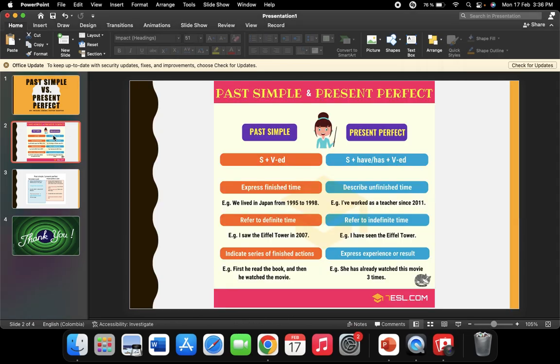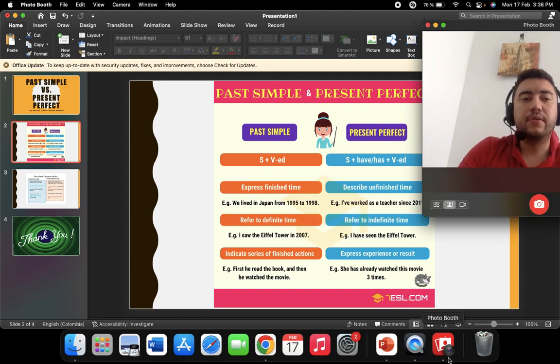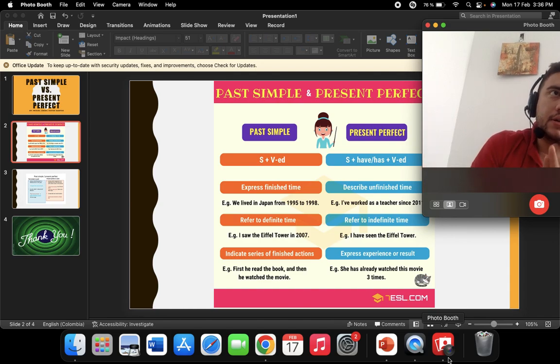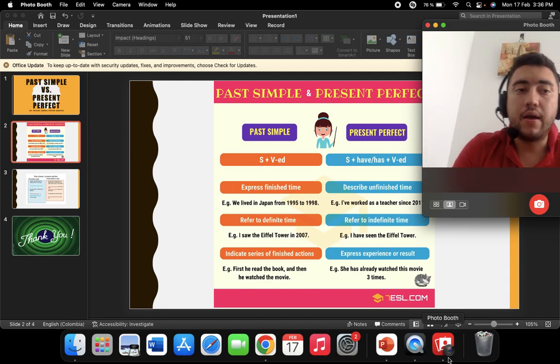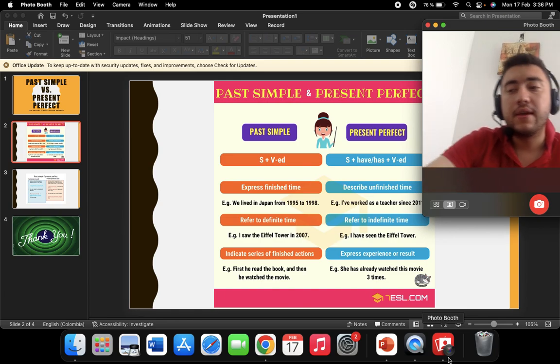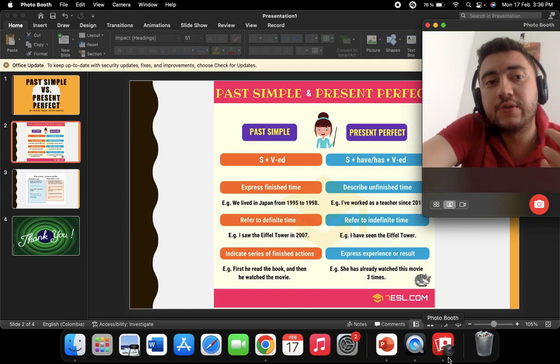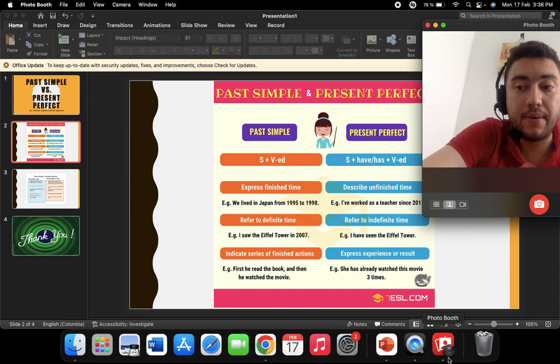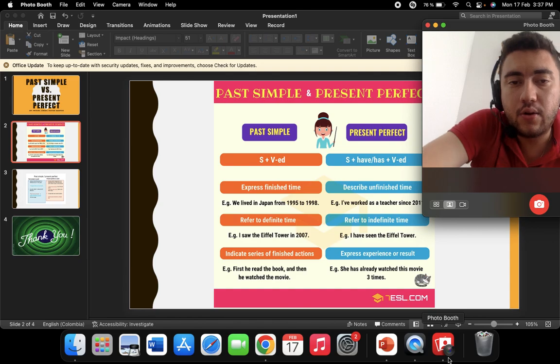First, remember that past simple and present perfect are two different tenses, and the uses may vary depending on what we are trying to express and what is our intention. Okay, let's start with past simple.